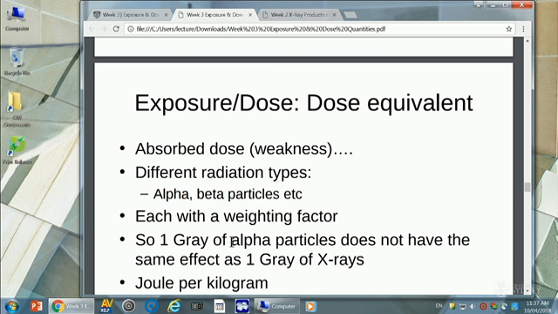Instead of this nice gradual impact on the body, it has a massive effect. So all the ionizations happen here. This type of radiation, we said, has high LET, high linear energy transfer, because it transfers all of its energy over a very small area. X radiation is known as low LET because it spreads its radiation through the depth of whatever you're radiating.